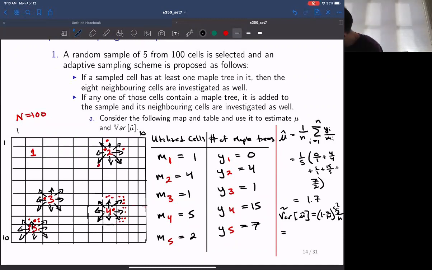Okay, so this is going to be 1 over 5 times divided by 100 multiplied by 2.2 over 5. And that gives us 0.418.